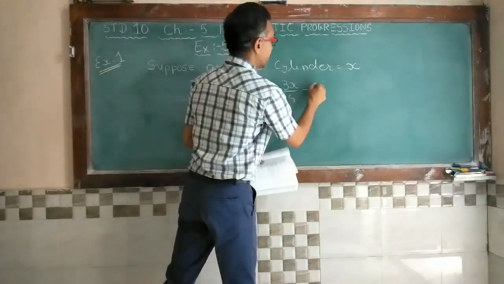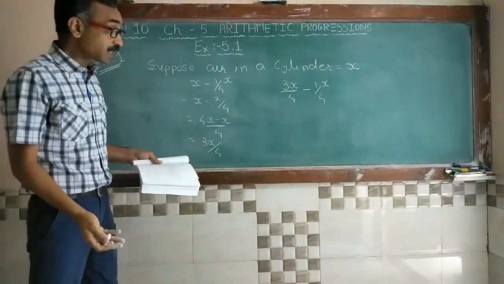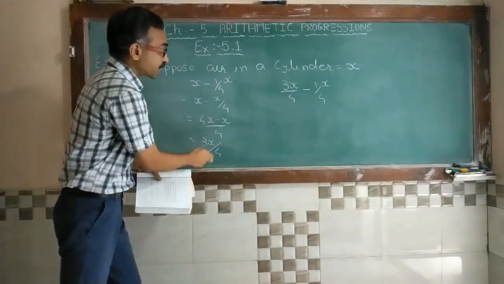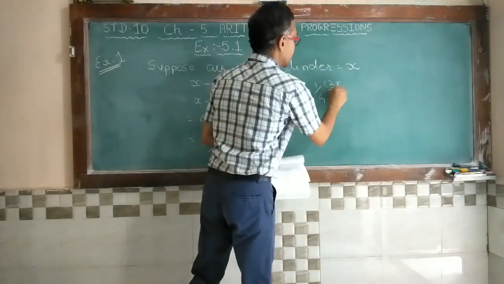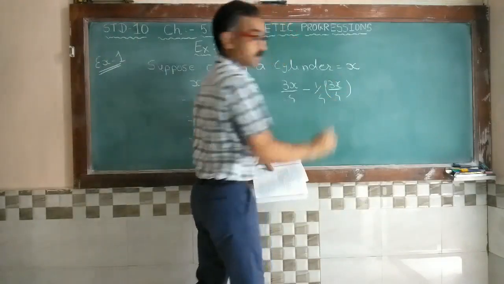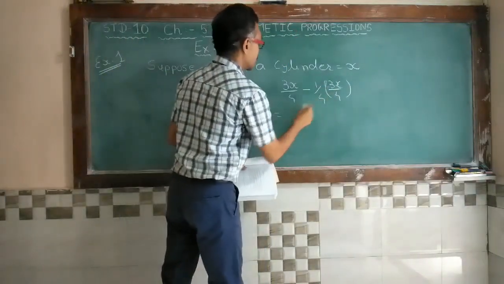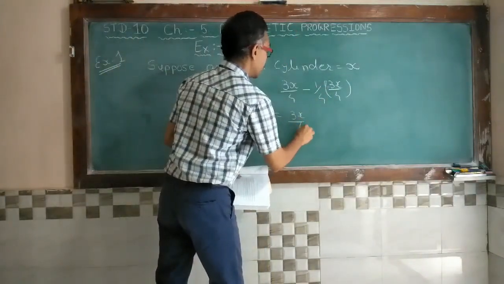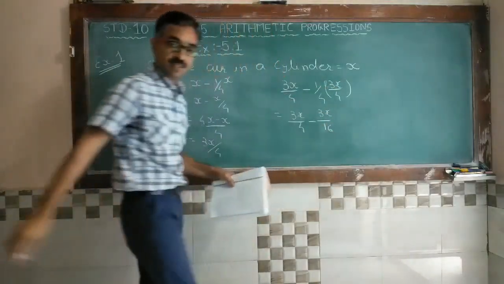That means minus 1/4 of 3x divided by 4. कितनी थी x मतलब 3x by 4 थी. So you have to write here 3x divided by 4. Is it clear? Okay.